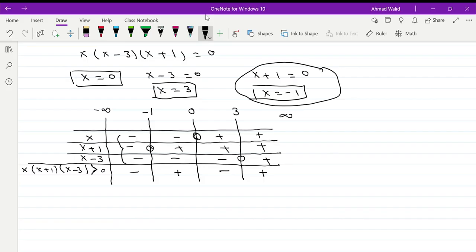When it's positive, then shade the columns that you have positive sign. Now, write your solution set in interval notation. From negative 1 to 0, and here from 3 to infinity, right? To connect these two, I need the sign of union.